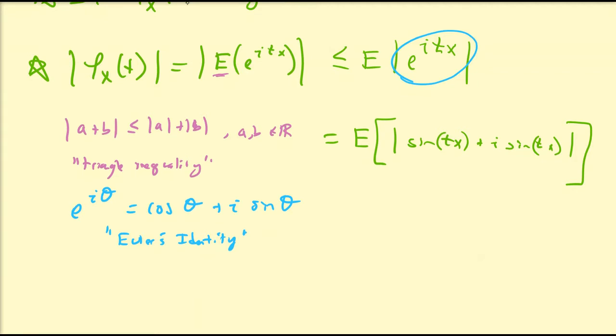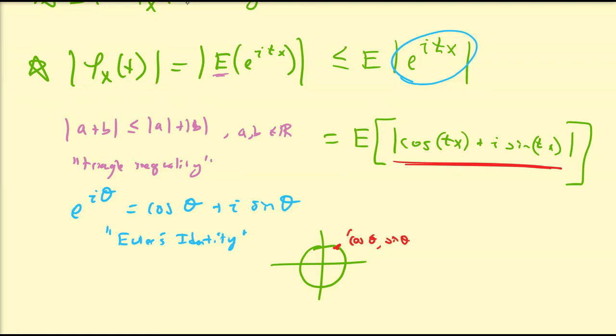So what is the absolute value of that expression? Remember that in that first term it should be cosine. Let's rewrite that: cosine of tX. There we go. Alright, so what does that exactly mean? Remember, in terms of the unit circle, cosine of x plus i sine of x is going to be a point located on the unit circle of radius 1.